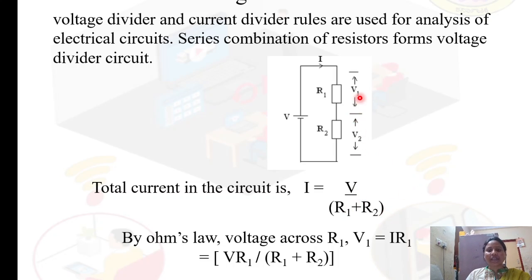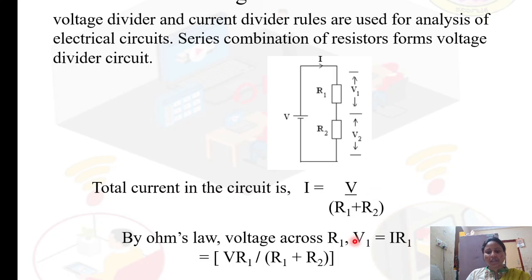Now we can express V1 and V2 by applying Ohm's law as V1 equals I into R1, the current flowing through the resistor multiplied with that particular resistance. Similarly, V2 is I into R2. Here the current remains the same through R1 and R2, it won't change, but the voltages will be different.